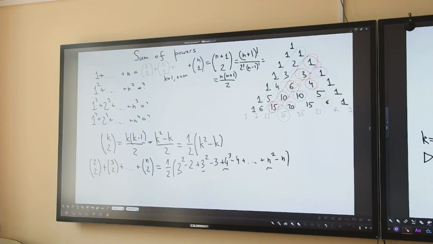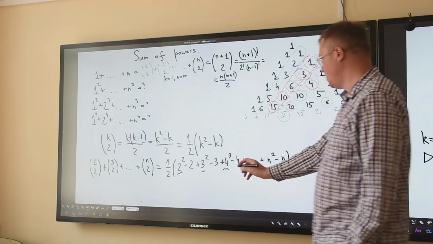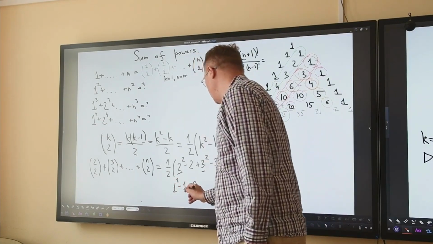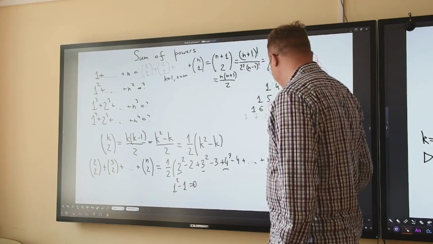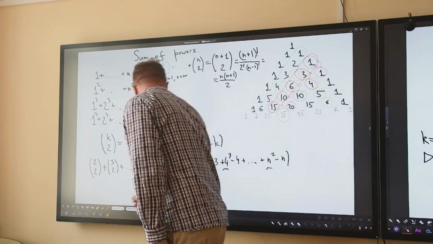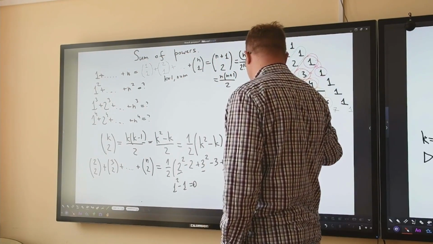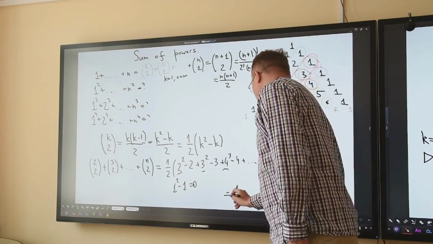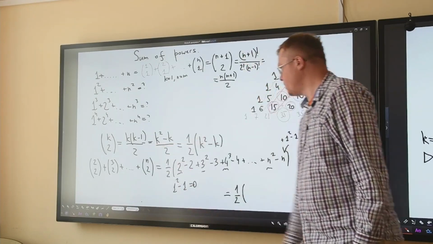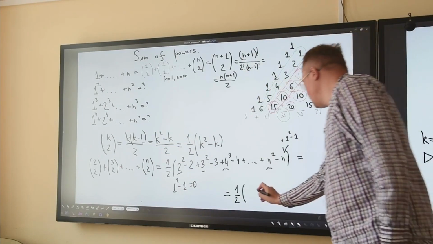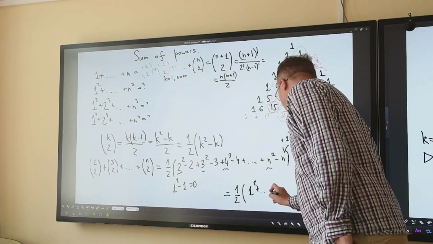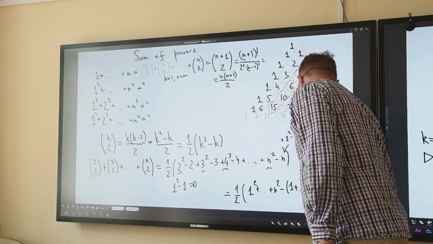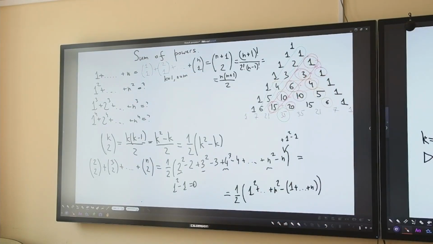So first, I can add to this sum 1 squared minus 1 because it is 0. So I can just add it here. And so this expression is nothing but the sum of the squares minus the sum of the first n natural numbers.